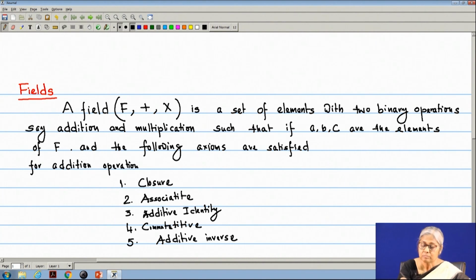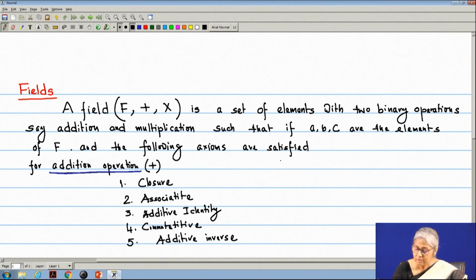So, this is when we consider the addition operation, which here is plus.